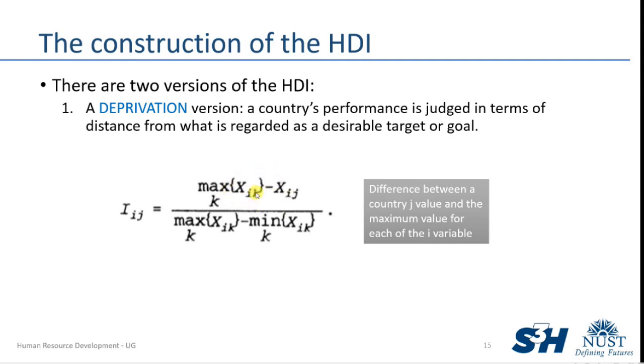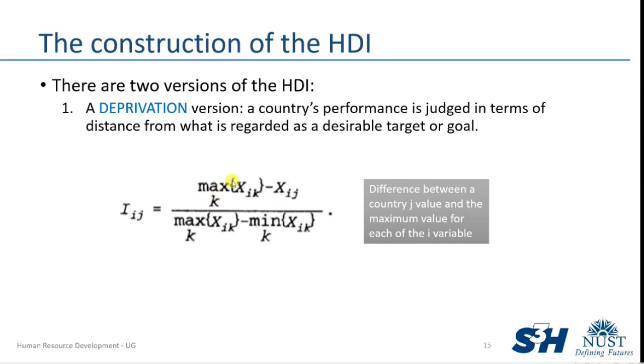Now, imagine this calculation is done for a country which has the lowest level of education. If the lowest level of education is 4 years, then this will be 4, this will be 4. We already know that the max values are the same, so max minus minimum, and max minus 4 because this is also the minimum.